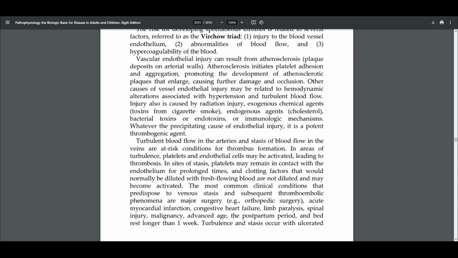Other causes of vessel endothelial injury may be related to the hemodynamic alterations associated with hypertension and turbulent blood flow. Injury also is caused by radiation injury, exogenous chemical agents, endogenous agents, bacterial toxins or endotoxins, or immunologic mechanisms. Whatever the precipitating cause of endothelial injury, it is a potent thrombotic agent.